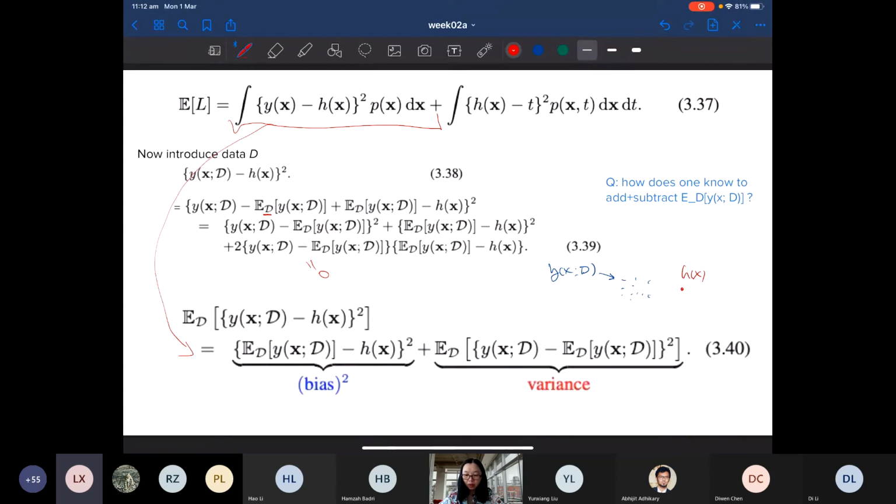So if we take the mean of these, this will be the bias squared. And then the variance is, let's say, the variation around the mean of the different estimates.